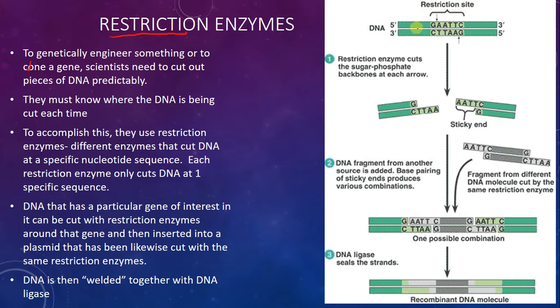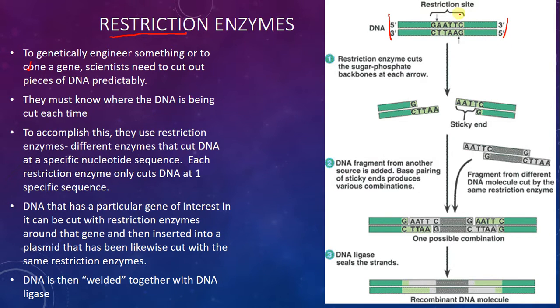So they have to know exactly where it's going to be cut. To accomplish this, they use restriction enzymes. These are different enzymes that cut DNA at specific nucleotide sequences. Each restriction enzyme, and there are many of them, cuts DNA at one specific sequence.